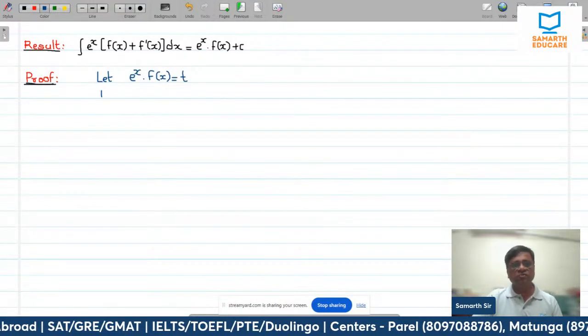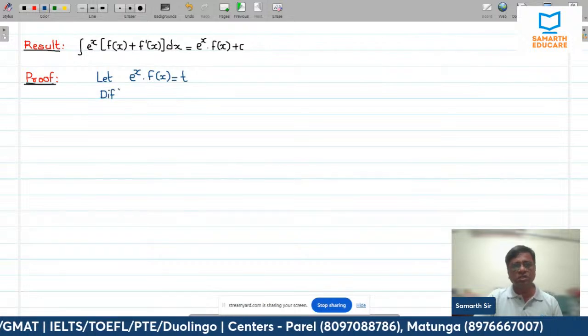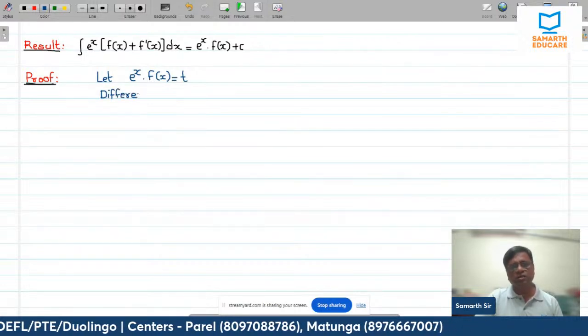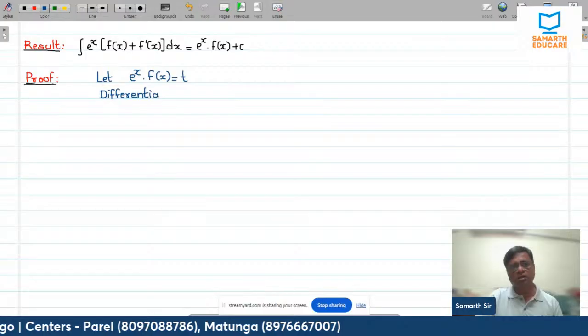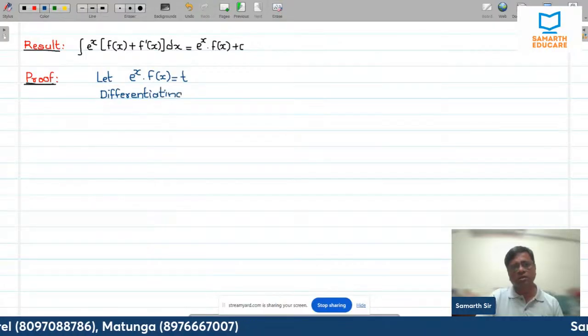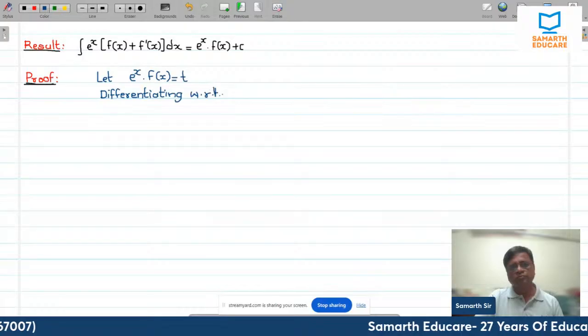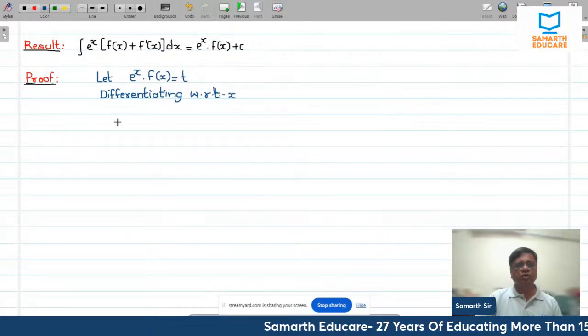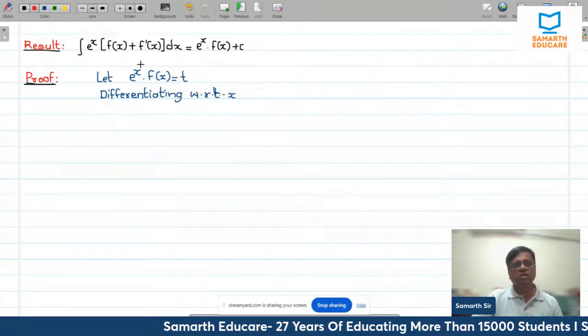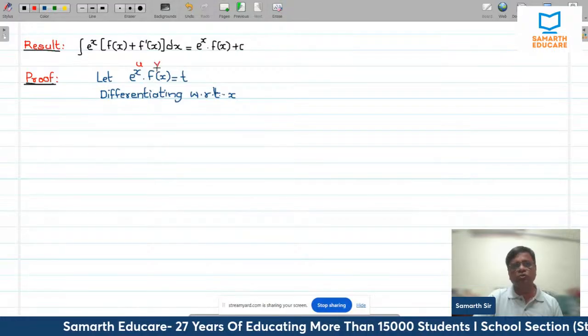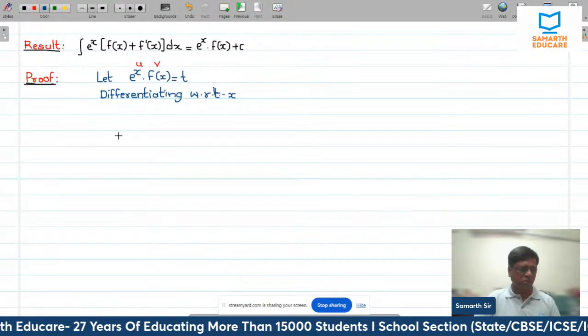Now here if I differentiate with respect to x, once again if you observe derivatives, let's say this is u into v. So how do we use derivatives?